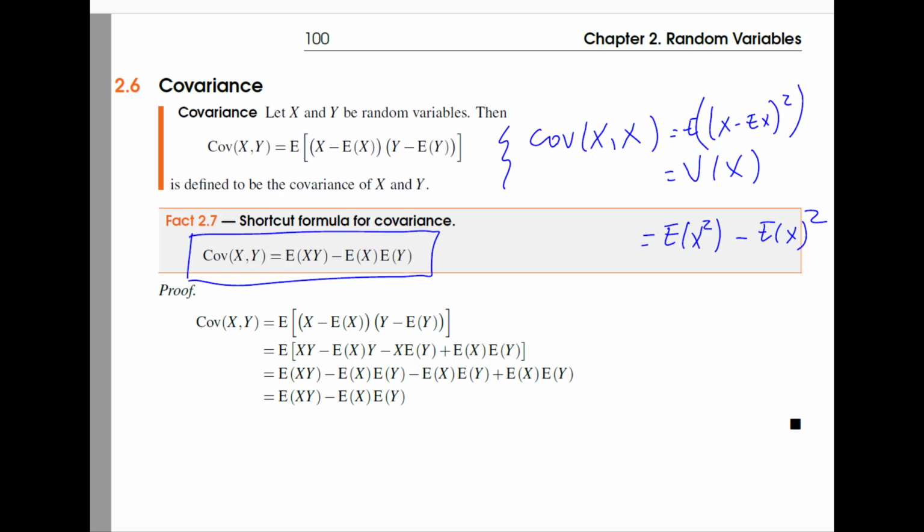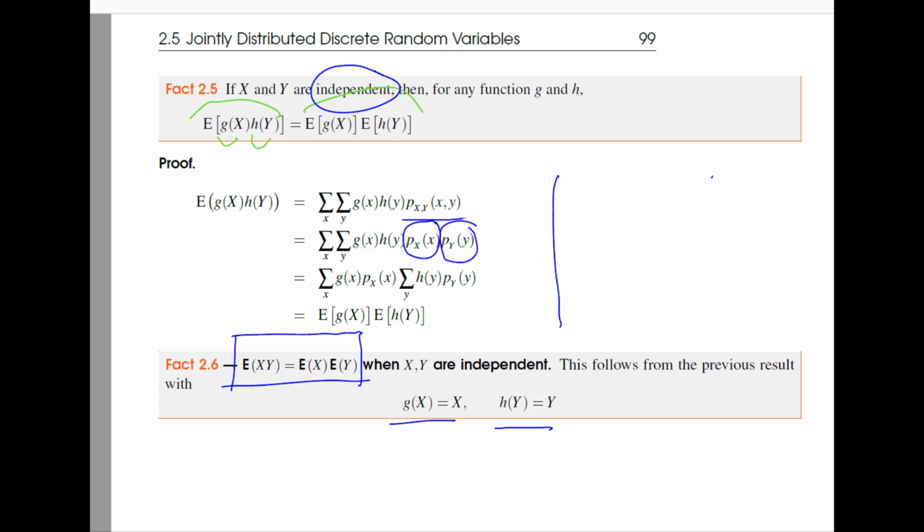Okay, so if you take a look at the shortcut formula for the covariance, you can see that we have these two terms that we just talked about, for this very same reason. So you see that E of xy is the product of E of x and E of y when they're independent.